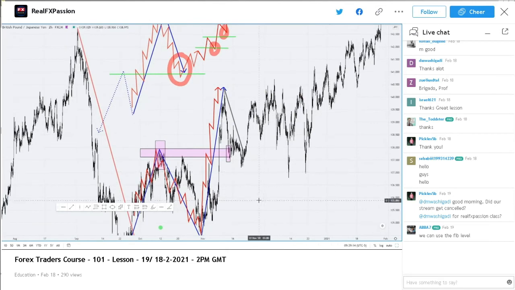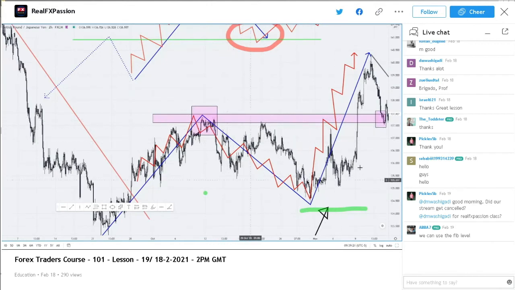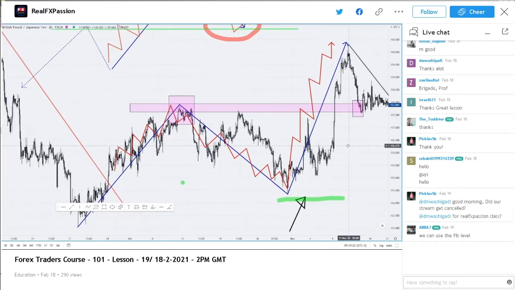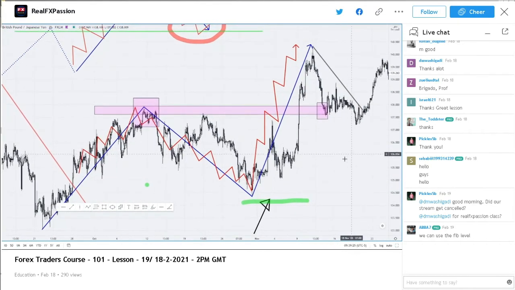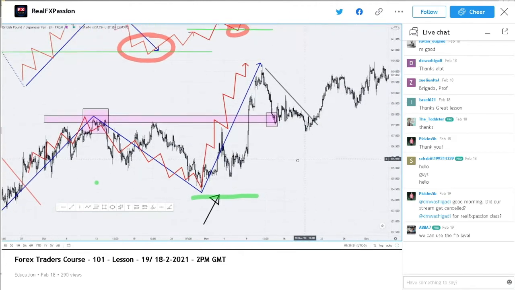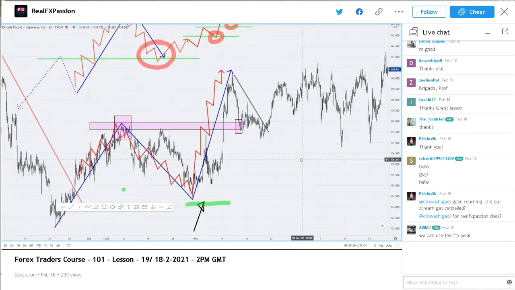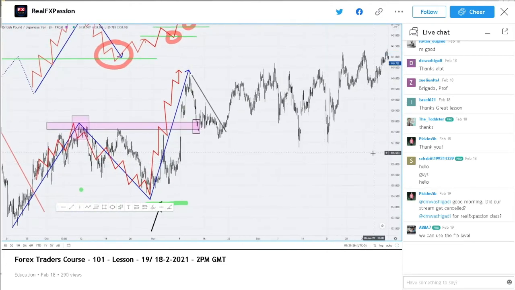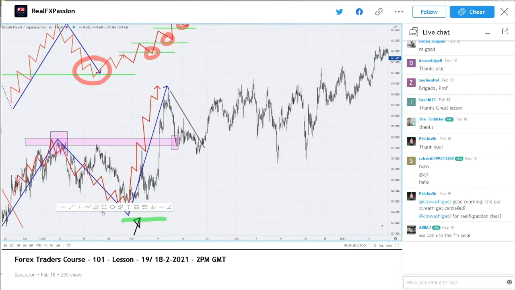And finally, it went up. So even though this was a great entry, the market reacted to previous support on the blue. The market went against me further down, and it's still okay because my stop loss is in the correct place. The market was playing around, sideways, retesting, and then we had a period of consolidation here.